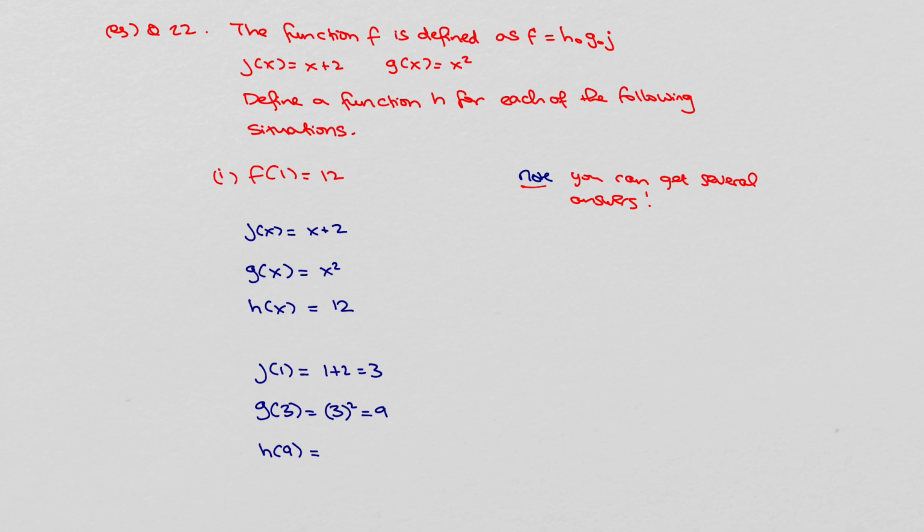So I could, of course, add 3. So in other words, if I was adding 3, I would get 12. So that would mean that h of x would be my input plus 3. So in other words, I could define h of x as x plus 3.